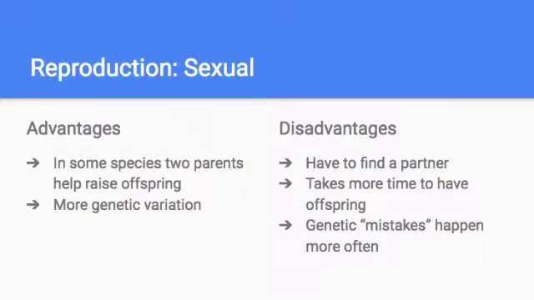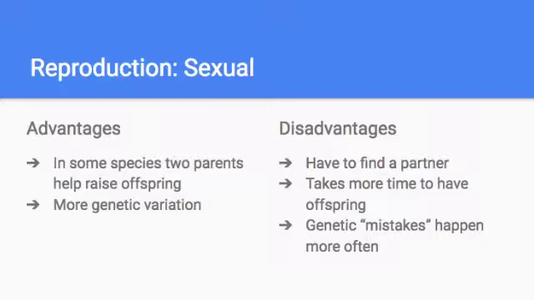So again, there are advantages and disadvantages. You have two parents that raise offspring in a lot of cases, not in all cases. Some offspring just hatch from an egg and have to make it back to the ocean, like turtles.